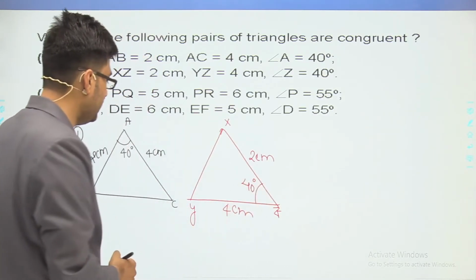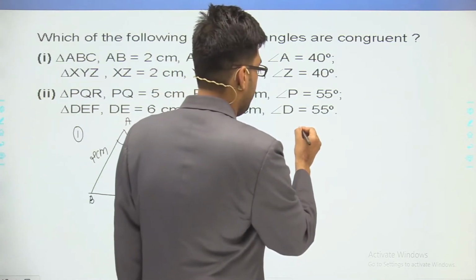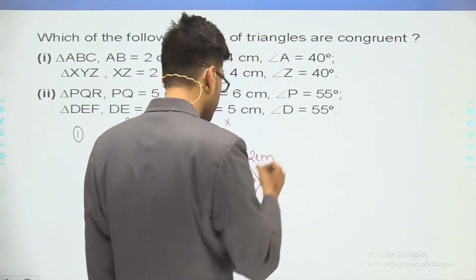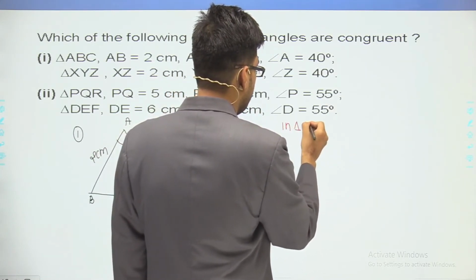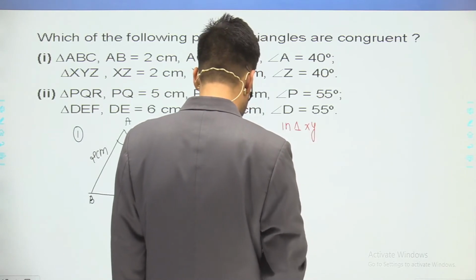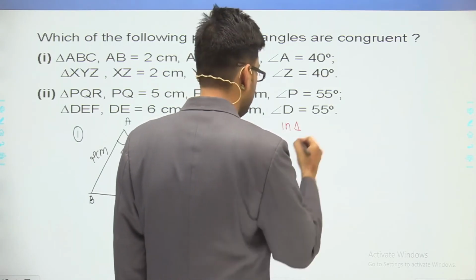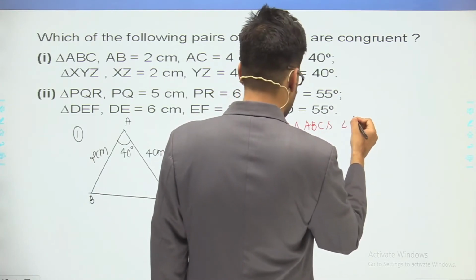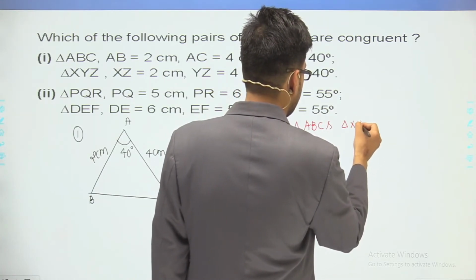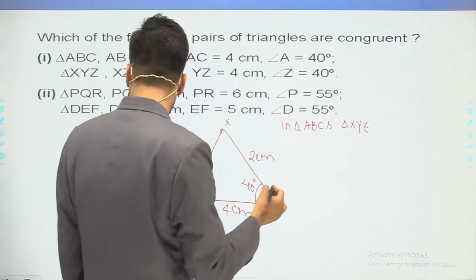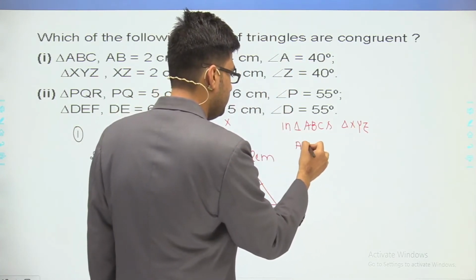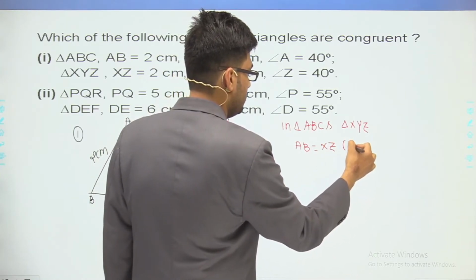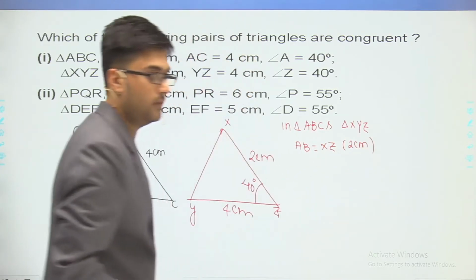So students, we can write in triangles ABC and XYZ, AB is equal to XZ and both are equal to 2 centimeter. Clear?